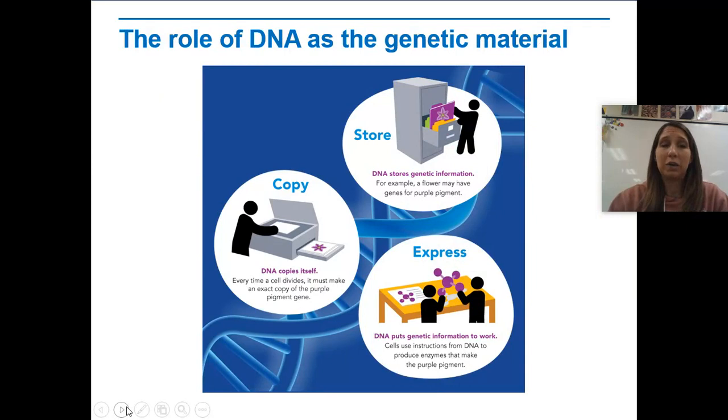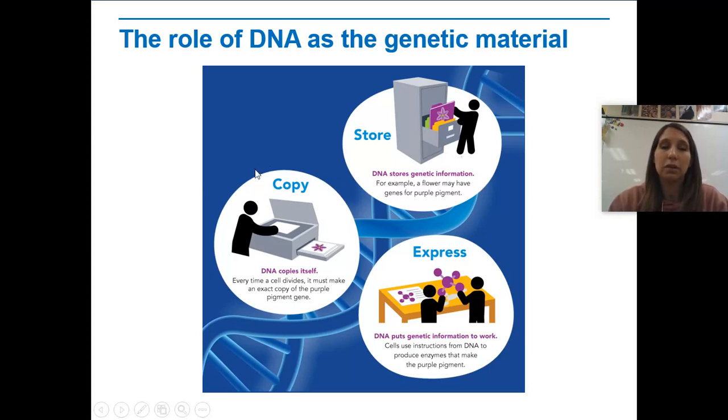So when we talk about DNA as genetic material, as that material that we use in terms of inheritance, it has several different roles. So it stores genetic information, right? There are some things that we inherit, like being a carrier, for example, that doesn't get expressed. But it can also store lots of other information that can then be passed on to our offspring or onto new cells that need to be created through mitosis.